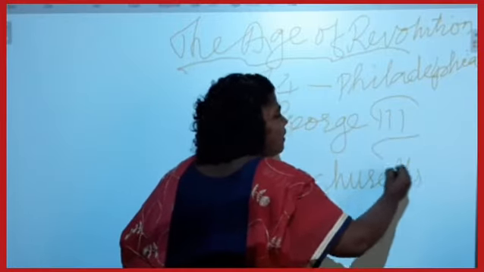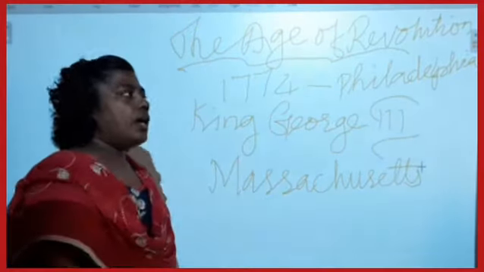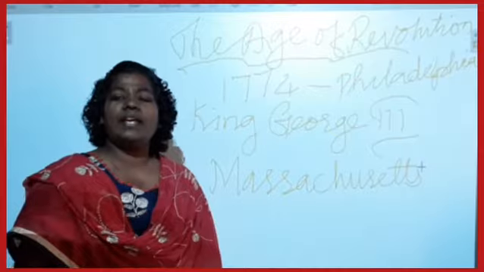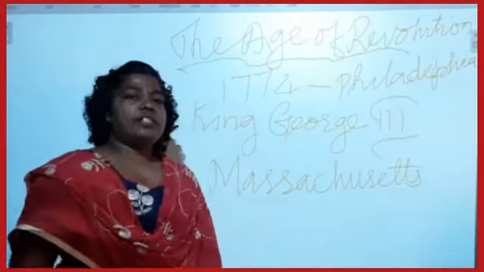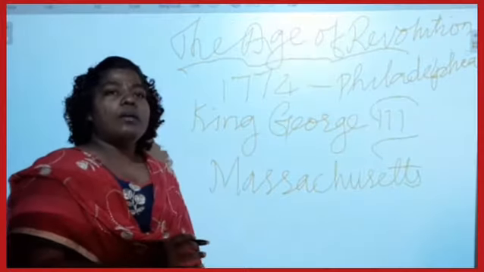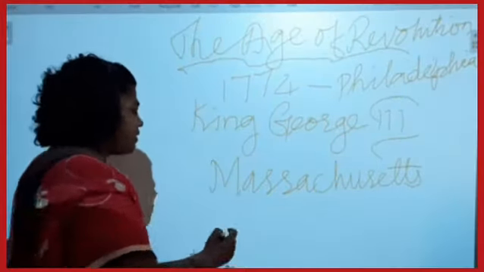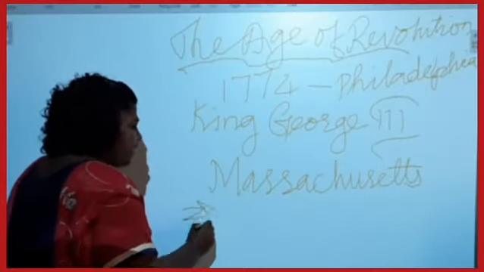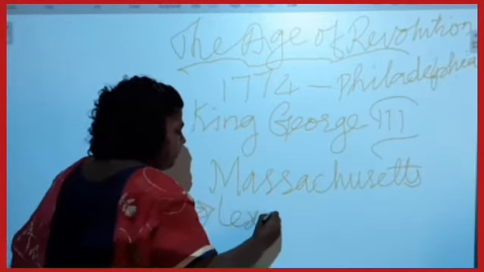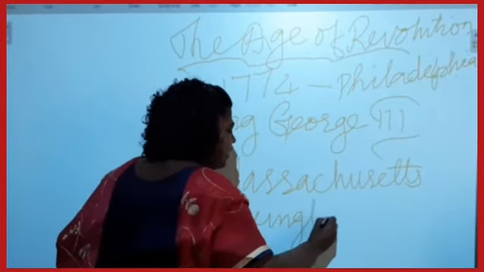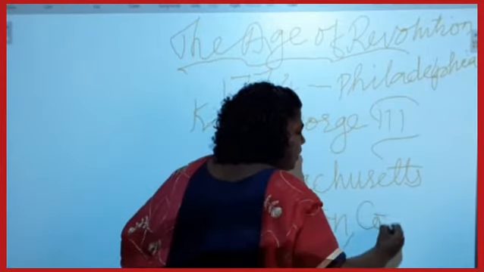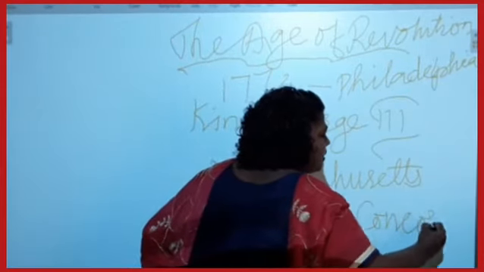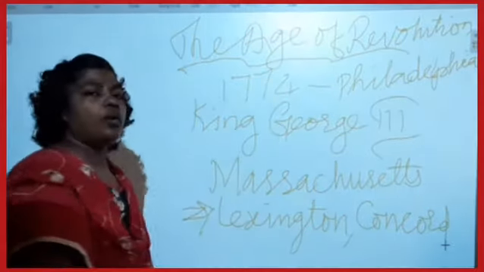They reached there, and the colonies formed their own army to fight against the British troops. And the war broke out in two places, Lexington and Concord.